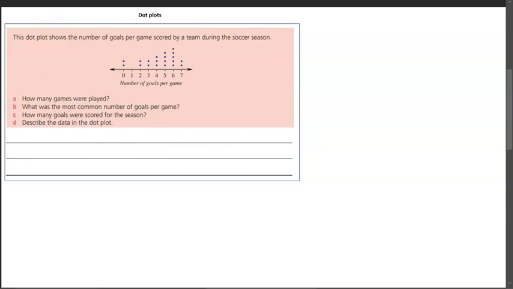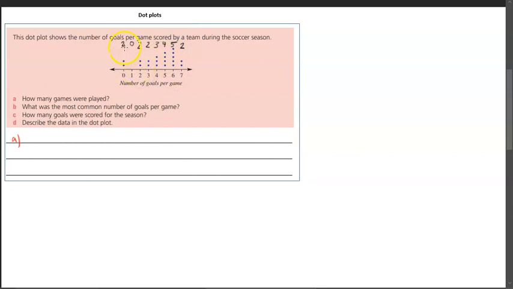To find out how many games were played, you're just figuring out how many dots there are, because each dot represents a game that has been played, regardless of how many goals per game. So we've got 2 for the first one, we've got 0 because there were no games where 1 goal was scored, another 2 again, 3, 4, 5, and then 2.